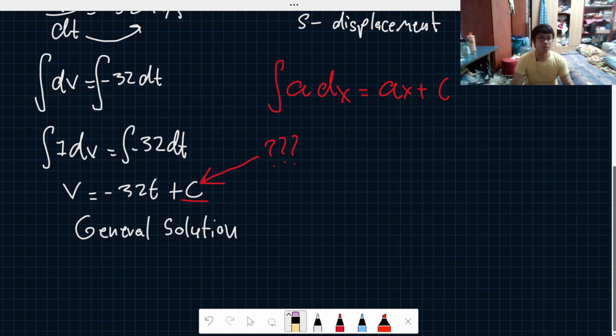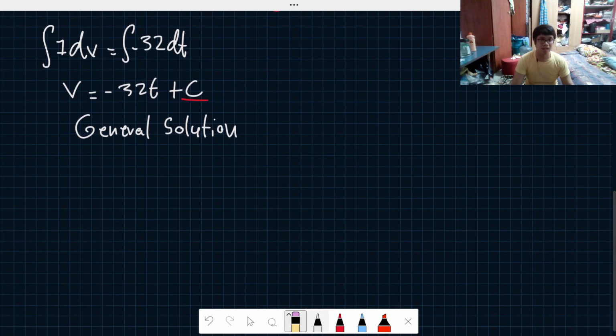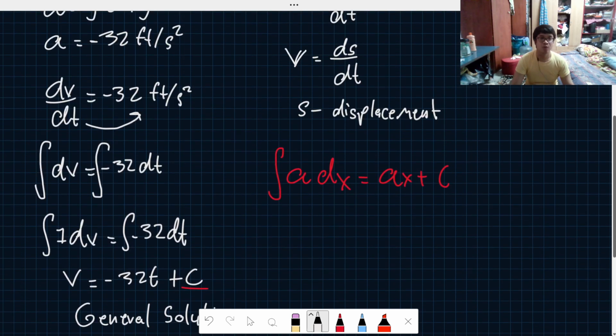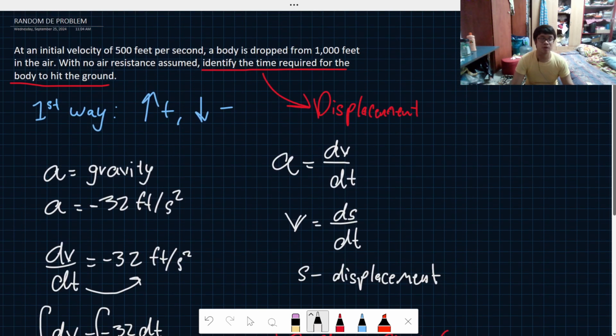Now, we're going to relate it to an initial condition. Okay? So, in an initial, no wait, not initial condition, in initial scenario. Okay? Initial scenario. Like in the beginning of the scenario. So, in the initial scenario, of course, when you say initial scenario, the ball is not yet dropped, right?